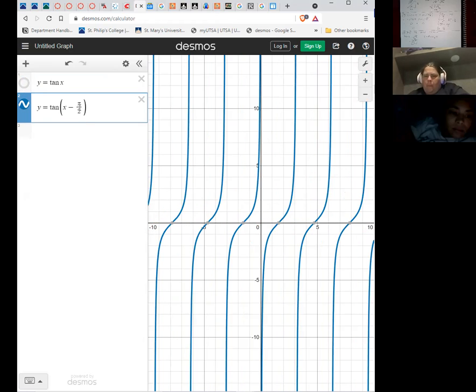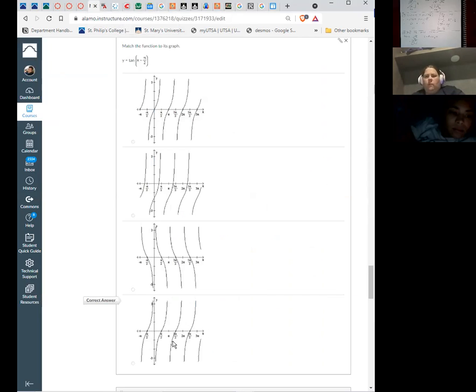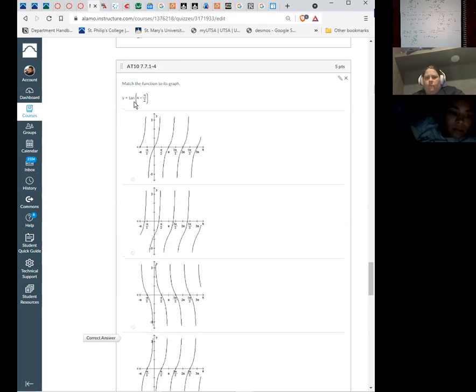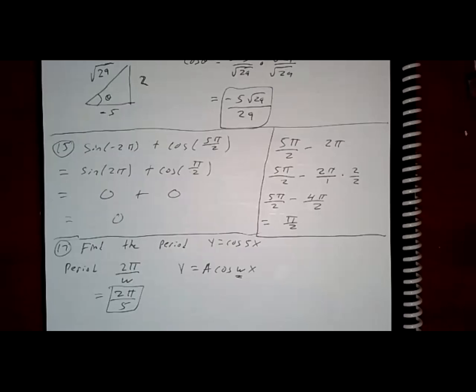So that was enough to tell me it has to be this shape and it has to be over here somewhere. That's why I chose D. If you punch it in your calculator, you'll get this answer automatically. There is no work to be shown. All you need to remember is what tangent looks like if you don't have a calculator, and remember what a horizontal shift is. So that was 18. 19, the same type of deal, and they just use secant.